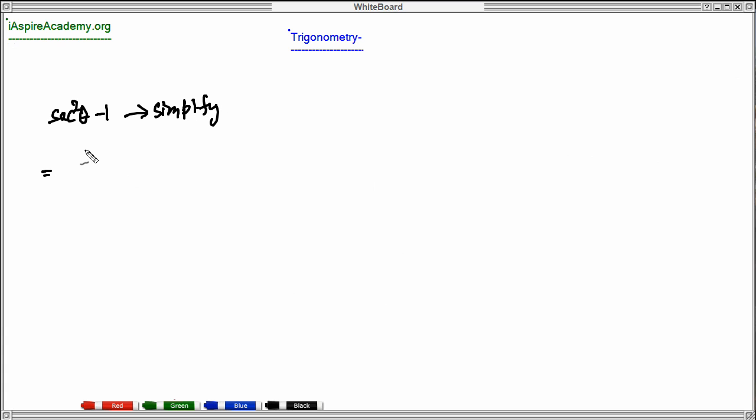So secant square theta equals 1 over cosine square theta, minus 1. This equals 1 minus cosine square theta, divided by cosine square theta.